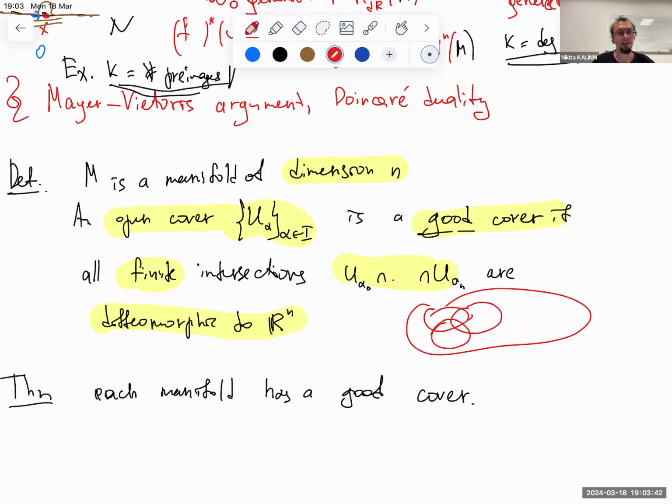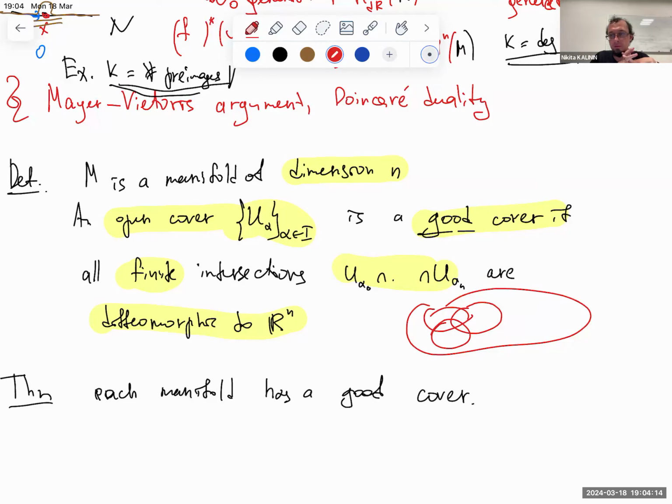Yes, maybe we should look at the atlas of the manifold and do something with the neighborhoods from this atlas? No, I think it's very difficult to prove it this way. At least I don't know how to do it.